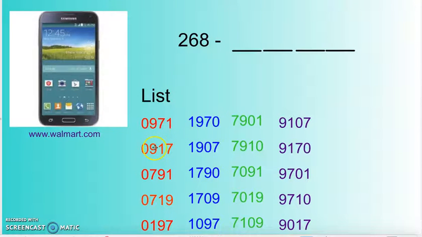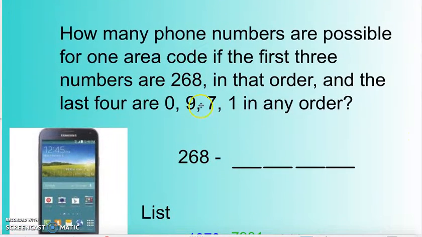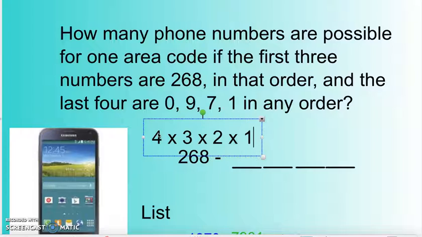I started off with 0 in red, then 1, then 7, then 9, and I noticed that there are 4 columns times 6 rows, so 4 times 6 is 24. Same thing, there are 4 numbers, so 4 times 3 times 2 times 1 is 24.